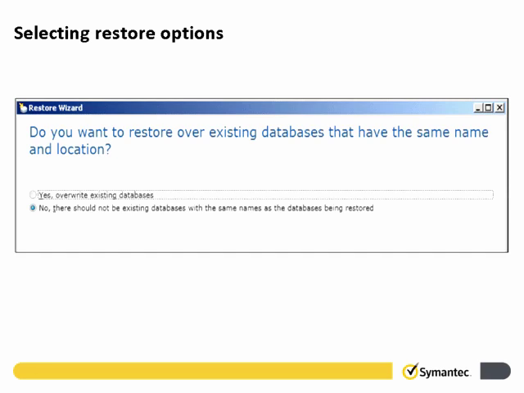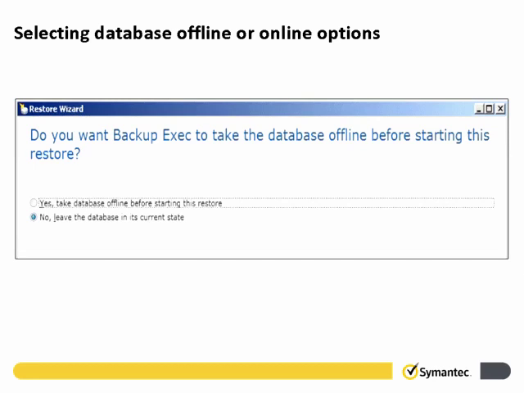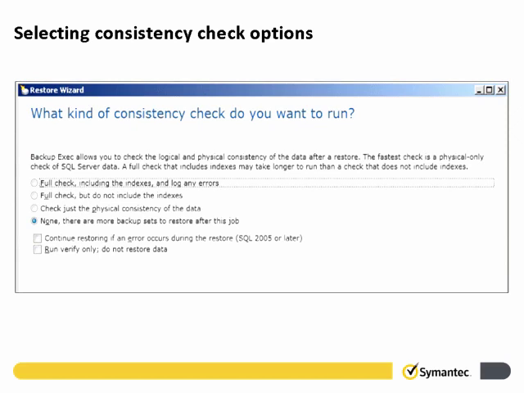How do you want it to restore if the databases already exist? Do I want to take the databases offline before starting the restore? This is a best practice, but it means that your users will not be able to access the database. It is also a best practice anytime you do a restore to do a full consistency check after the restore has completed.